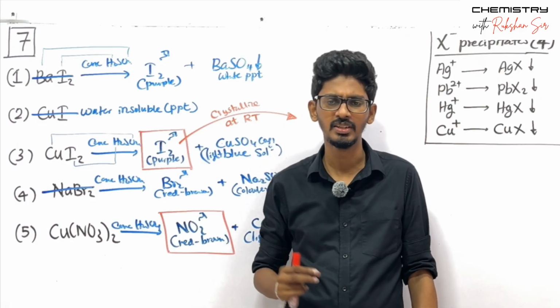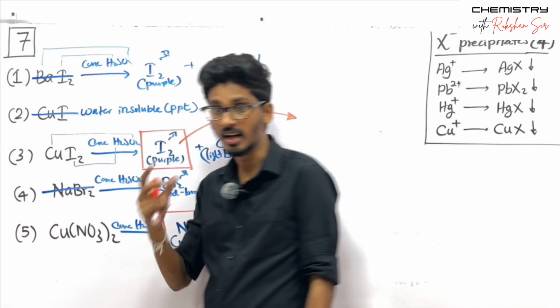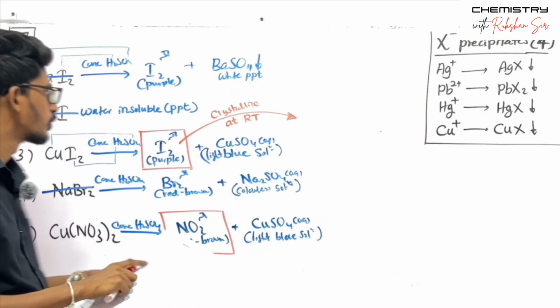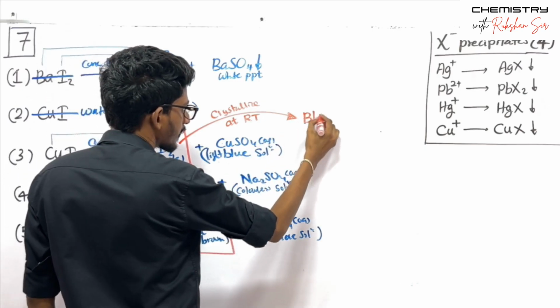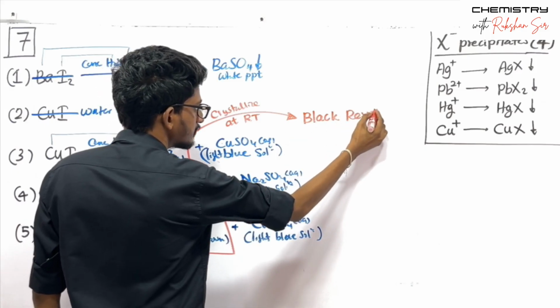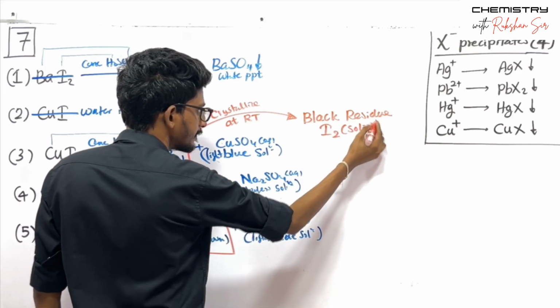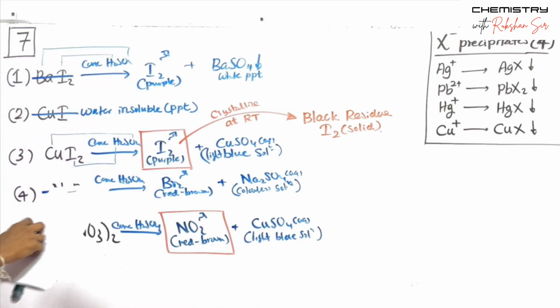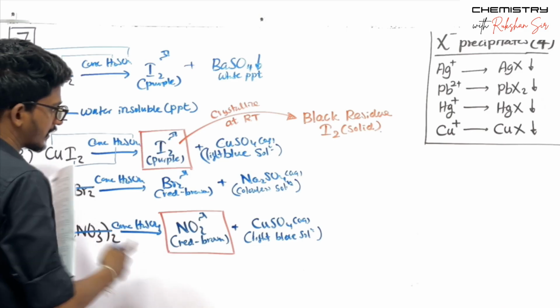So it crystallizes at room temperature to give a black residue, which is the I2 solid. So the answer is CuI2, not this one. This one won't crystallize.